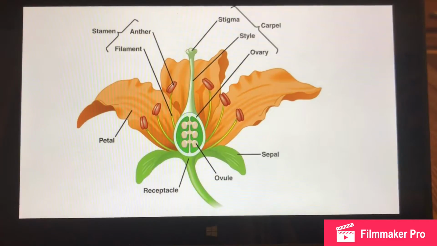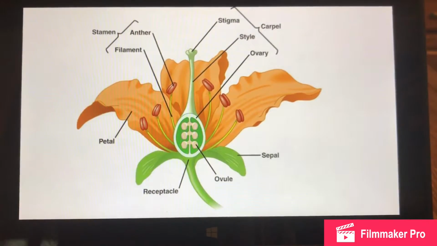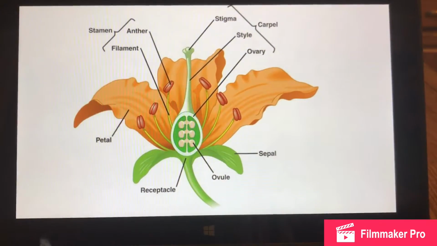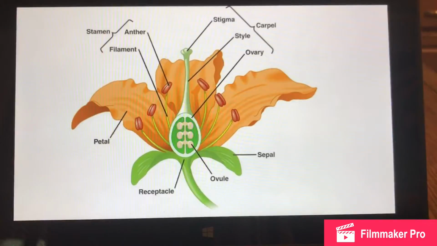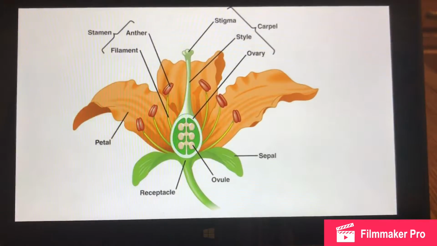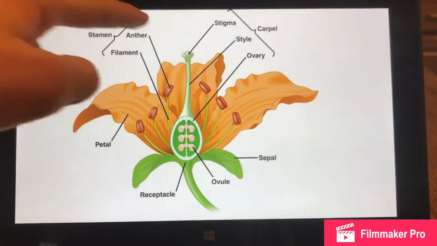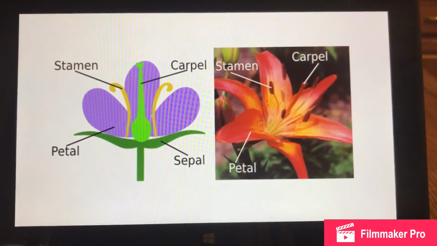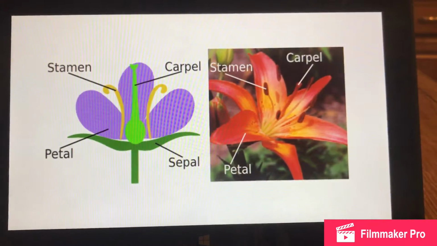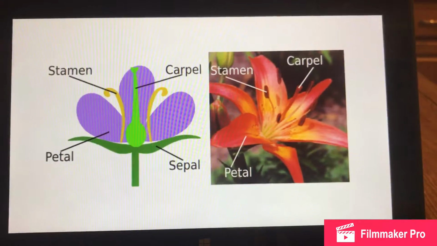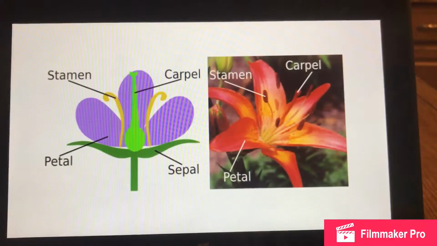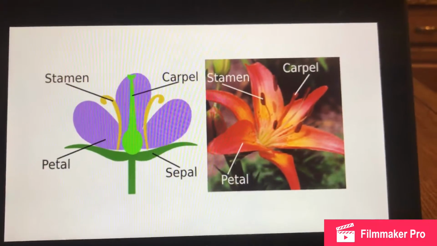So the plants actually have two different sets of male and female reproductive organs. The male reproductive organs are the anther and the filament. The anther produces pollen grains and the filament supports the anther above the female reproductive organs.